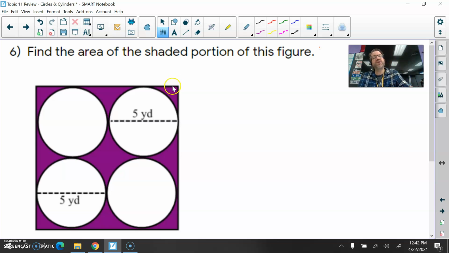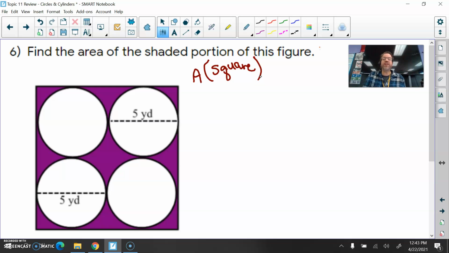First of all, I do see this entire figure is in the shape of a square. And then I see I have 4 circles in this figure. Okay, so if I can find the area of the square, that would be a good start.